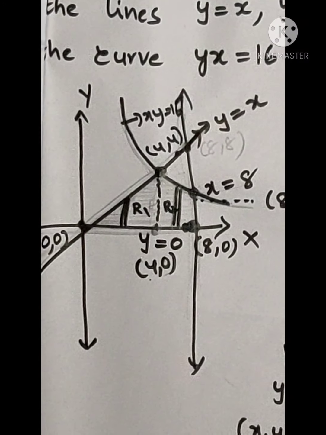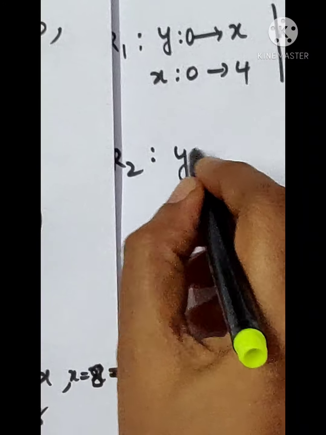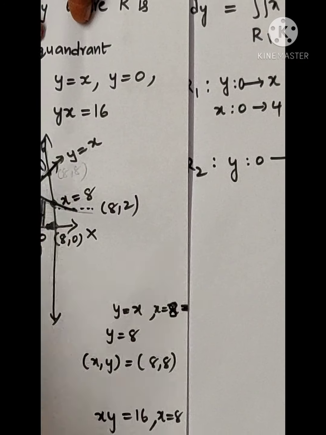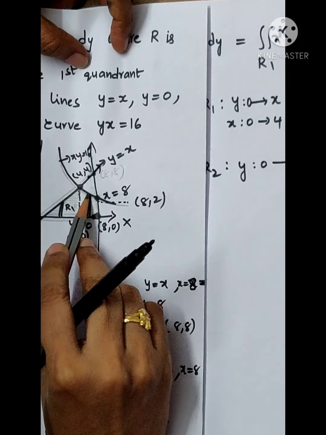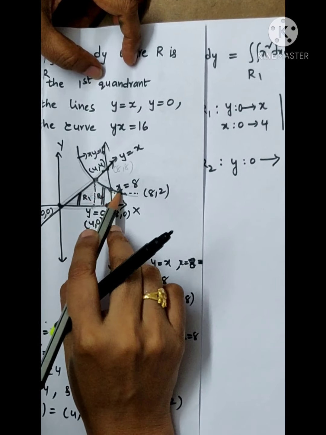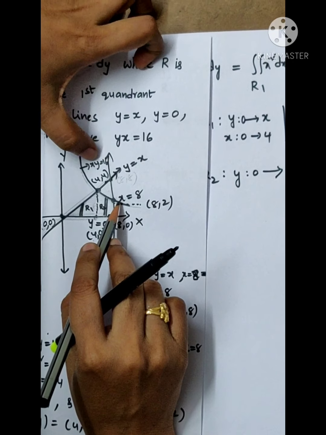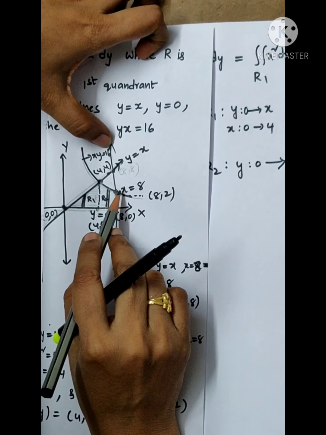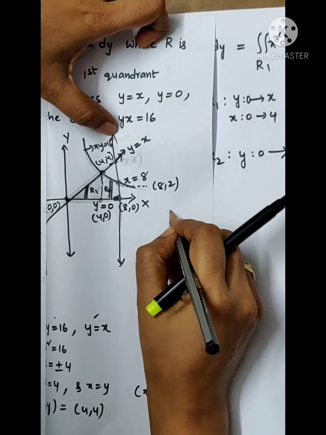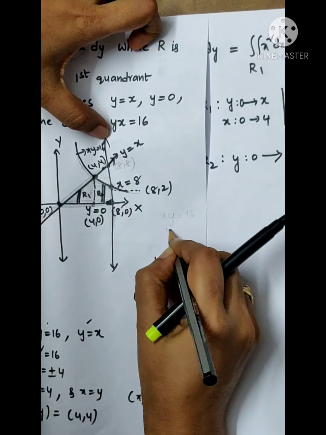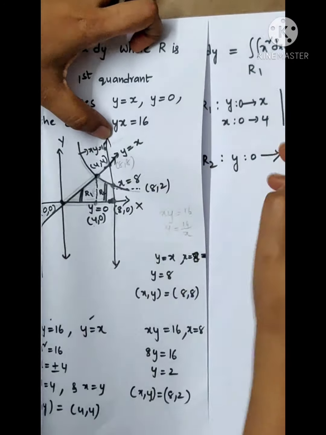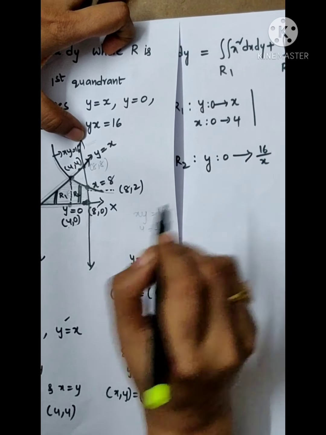So y limits are from 0 to the other end of the vertical strip. In the R2 region, the other end touches the curve xy equal to 16. From xy equal to 16, y equal to 16 by x. So the upper limit becomes 16 by x.